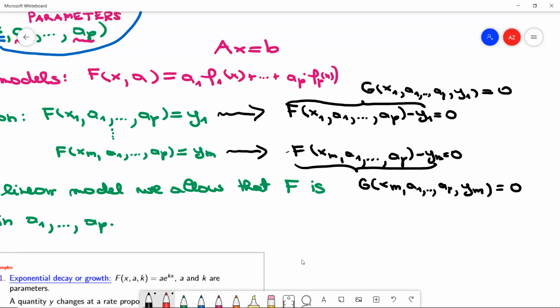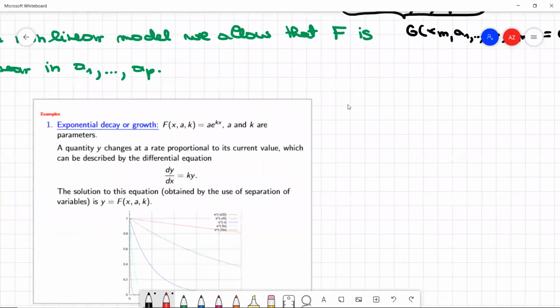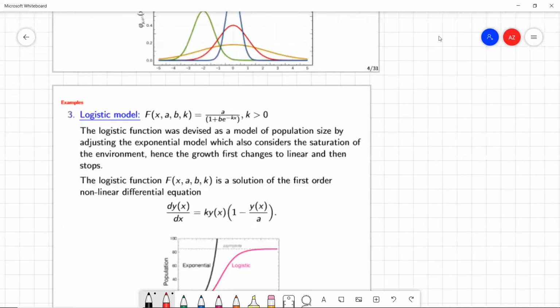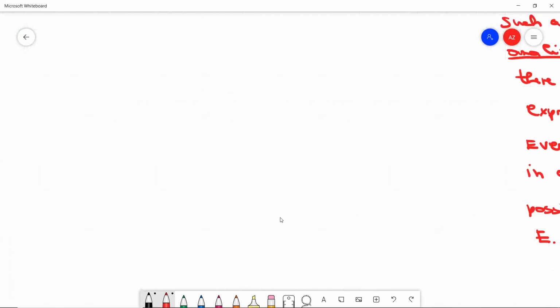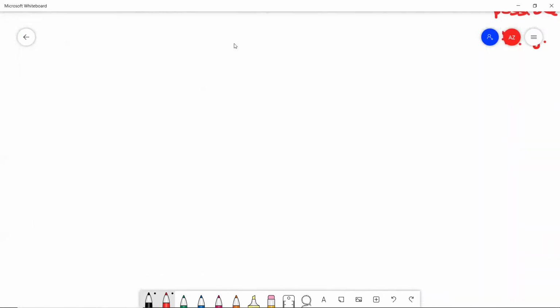So the first thing is to transform our system into a system for which we are searching for its zeros. So let's just write this separately.